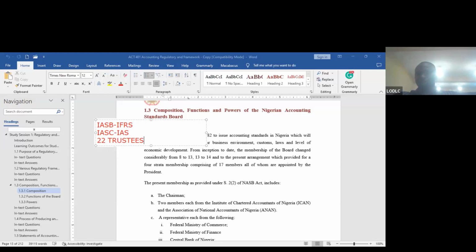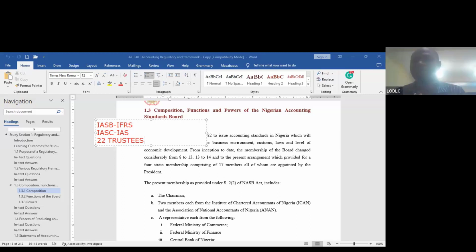Do you understand? So they have what is referred to as IFRS Advisory Committee and IFRS Interpretation Committee. So those are the two important segments of IFRS Foundation. So what was the main function of IFRS Advisory Committee?